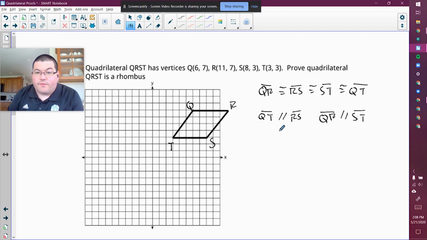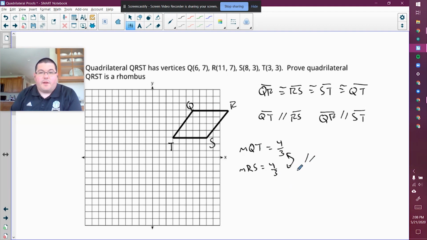Well, let's look at the slopes first. The slope of QT, rise here is 1, 2, 3, 4, run is 3. Right, so we've got ourselves 4/3 as the slope there. The slope of RS is 1, 2, 3, 4, 1, 2, 3. So look at that, exactly the same. We've got ourselves parallel lines, beautiful.